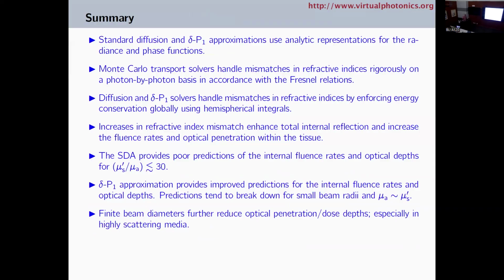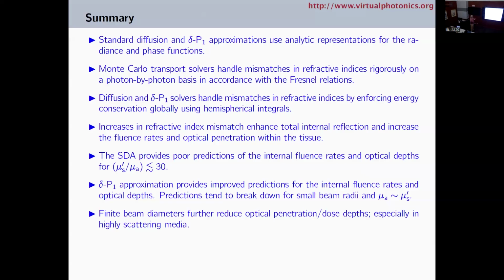So to summarize, standard diffusion and delta P1 approximations use analytic representations for both the radiance and phase functions, right? That analytic representation is in terms of angle. So we represent the radiance as a sum of a uniform distribution plus a cosine theta variation to handle the directionality. Monte Carlo transport solvers handle the boundary conditions explicitly because they deal with things on a photon by photon basis, and they deal with reflectance and transmission on a detailed basis.